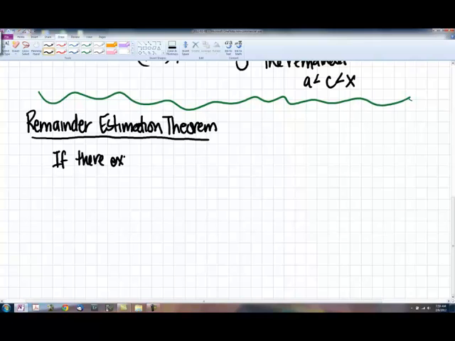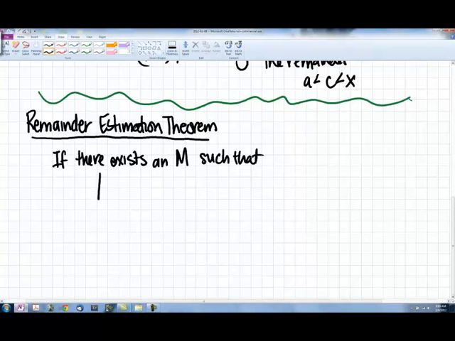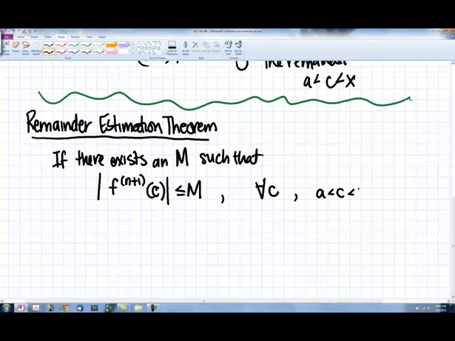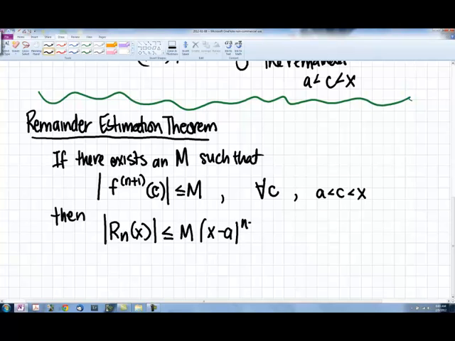If there exists an M such that the absolute value of the n plus 1 derivative at c is less than or equal to that M for every c where c is between a and x, then the absolute value of your remainder is going to be less than or equal to M times |x minus a| to the n plus 1 power over n plus 1 factorial.